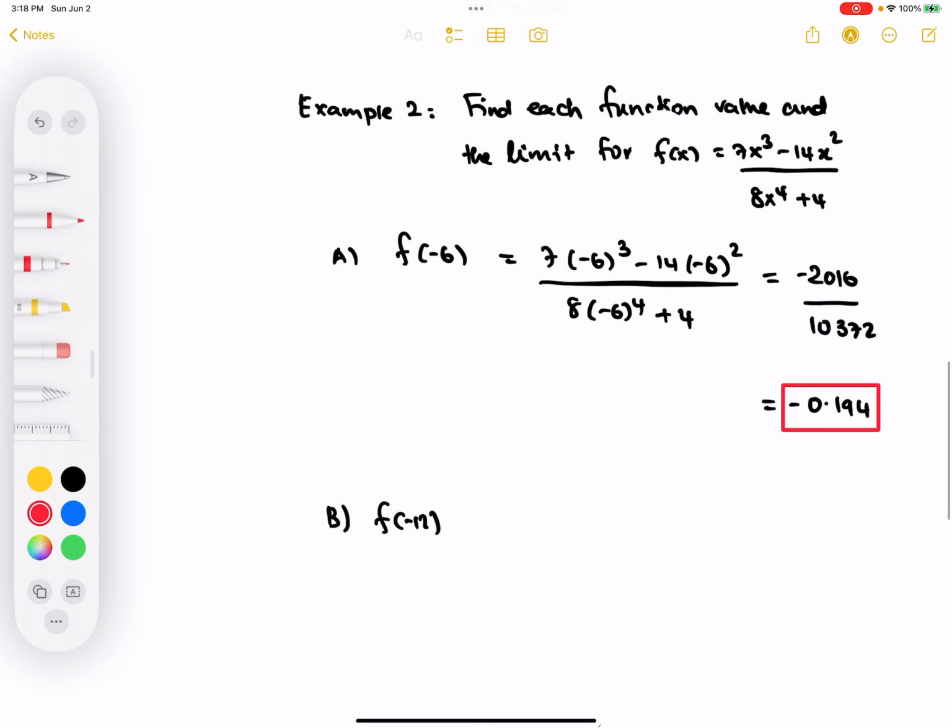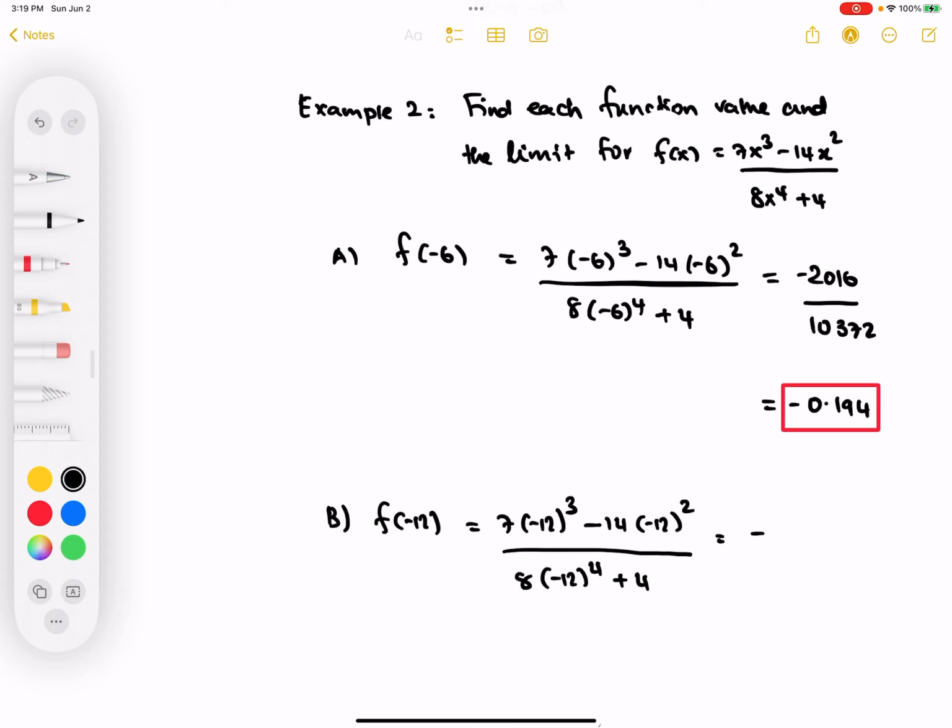At negative 12, similarly, we substitute 7 times (negative 12) cubed minus 14 times (negative 12) squared, divided by 8 times (negative 12) to the fourth plus 4. So this is 7 times (negative 12) cubed minus 14 times (negative 12) the whole squared.